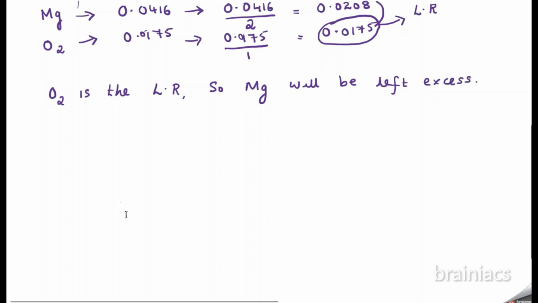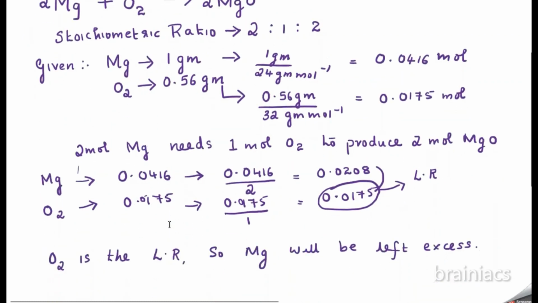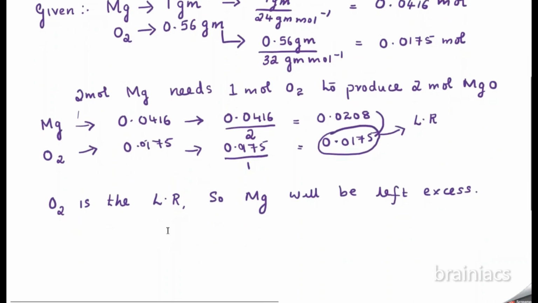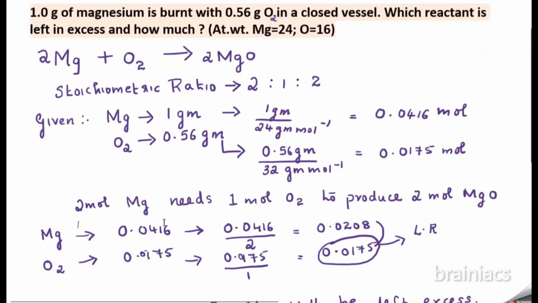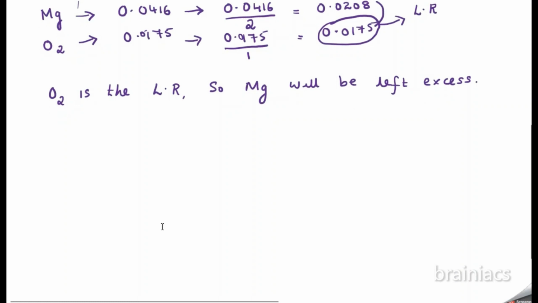Okay. Now, they have also asked which reactant is left in excess and how much. So we will calculate that. We know that if oxygen is the limiting reagent, everything will proceed according to oxygen. So we will first start with the stoichiometry of oxygen.